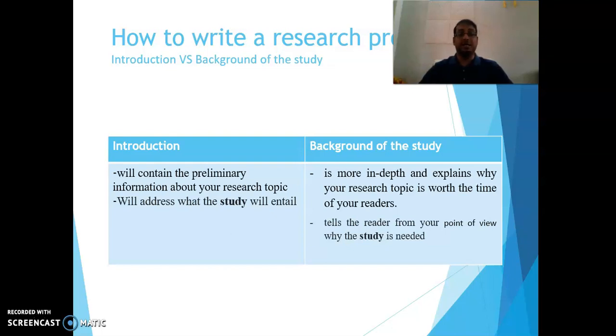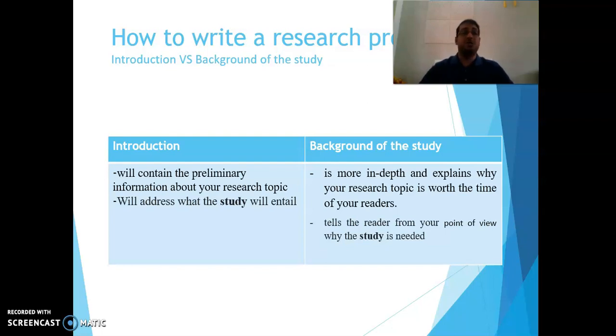On the other hand, the background of your study is more in depth and explains why your research topic is worth the time of your readers. Background of the study will tell readers context to the information that you have talked about throughout your research paper. It can include both relevant and essential studies.